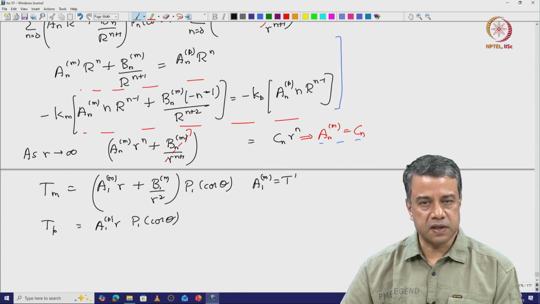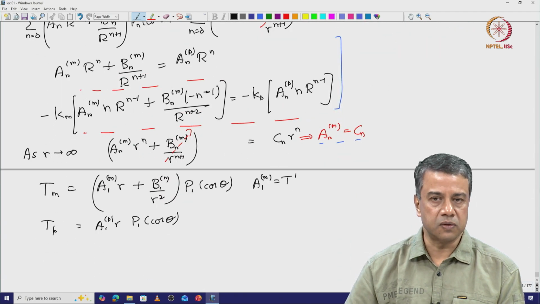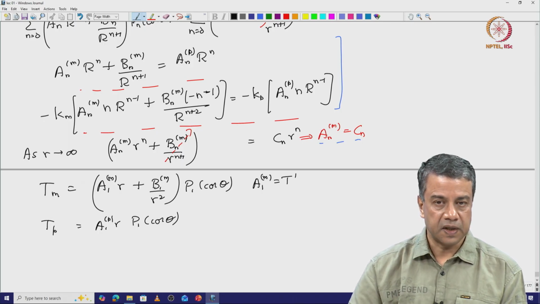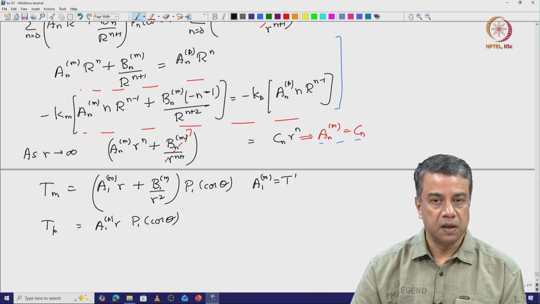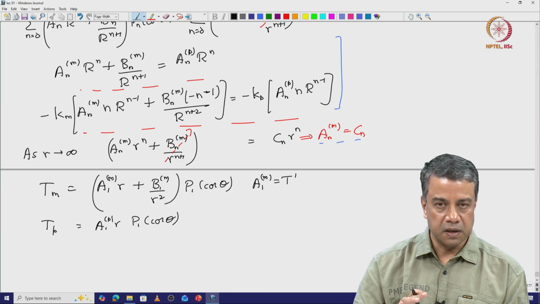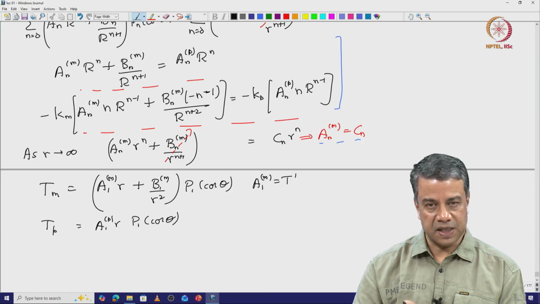So, all the coefficients in this series, n equal to 0 to infinity, are 0 except for n equal to 1, because for n not equal to 1, there is no forcing of the temperature field as r goes to infinity. The only forcing is in the form of P 1 of cos theta times r.